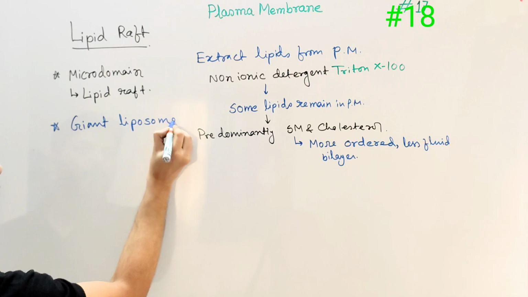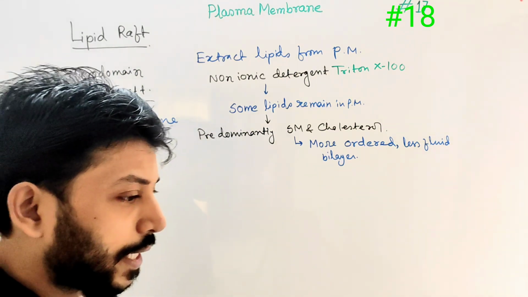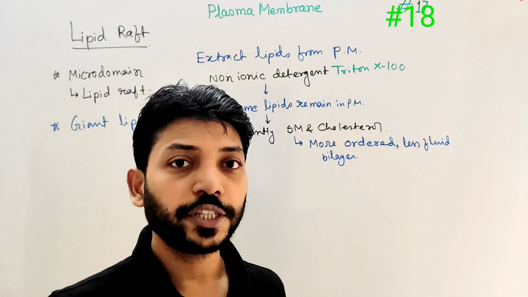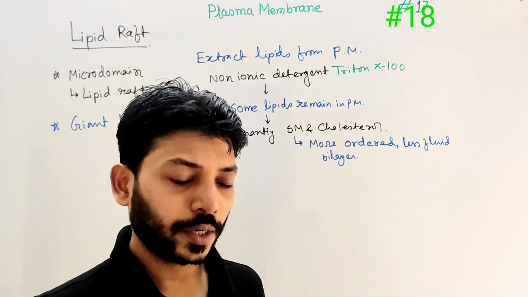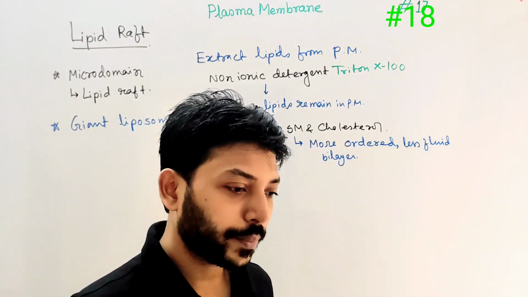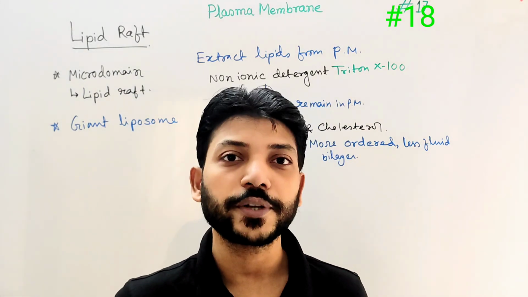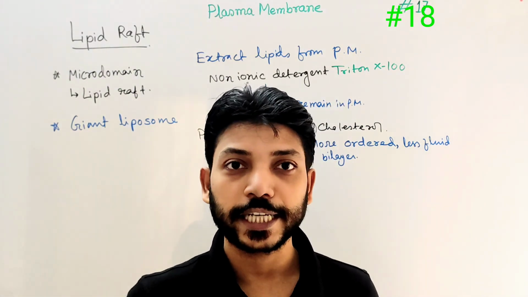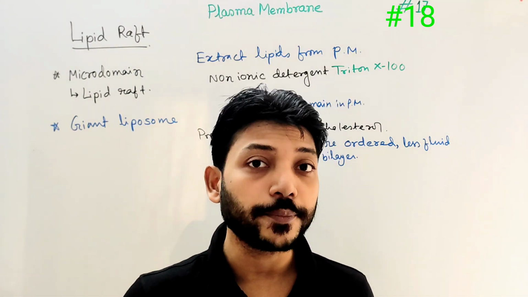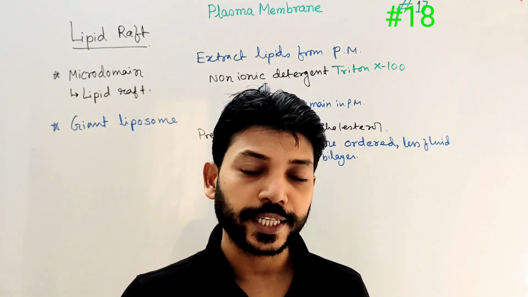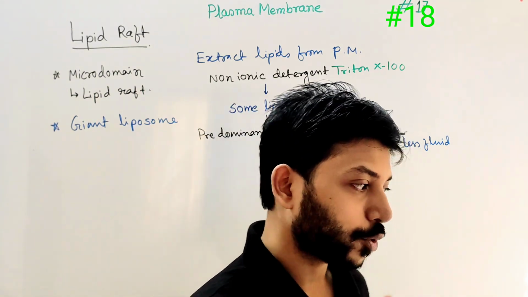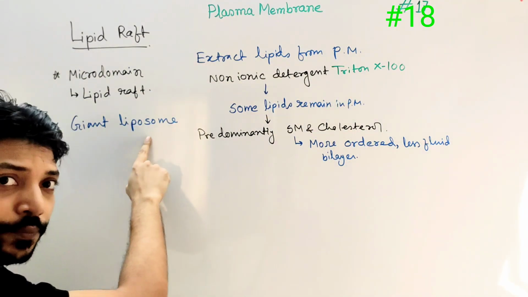I have made a separate video on liposomes. A liposome is actually an artificial lipid bilayer. It is very similar to the plasma membrane, but the natural plasma membrane present in the cell contains lipids and proteins, whereas a liposome is only a lipid bilayer made in an aqueous solution. So a liposome is a lipid bilayer that can mimic the plasma membrane.